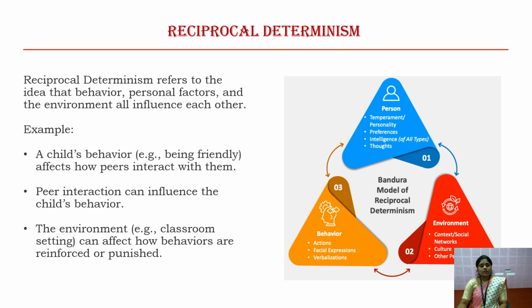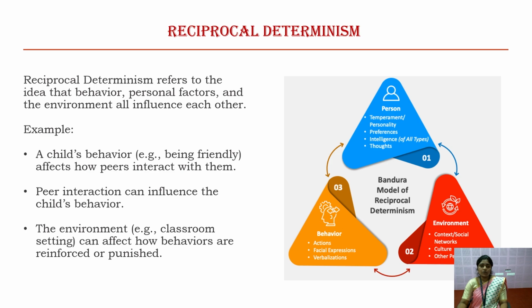Coming to the reciprocal determination concept. Reciprocal determination refers to the idea that behavior, personal factors and the environment all influence each other. A person's behavior can influence his environment, and vice versa. The environment can also influence the person's behavior. For example, a child's behavior affects how the peer group interacts with them.